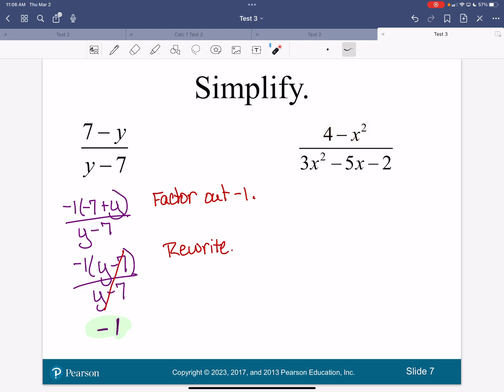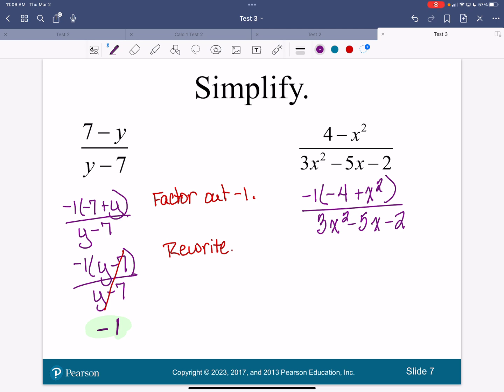That's an indicator that you're going to factor out a negative 1. So I'm going to do that here. So I've got negative 1. Because I'm factoring out a negative 1, what does this 4 become? Okay. Then what does this become? Okay, so what I've done right there is I have factored out a negative 1. Okay, all I did right there is I factored out a negative 1.